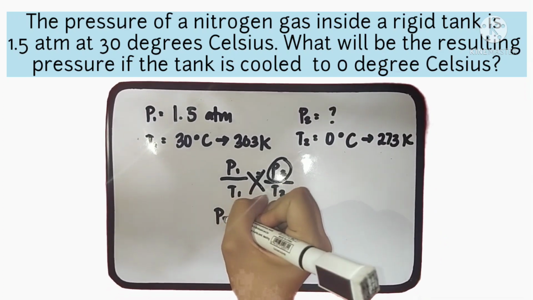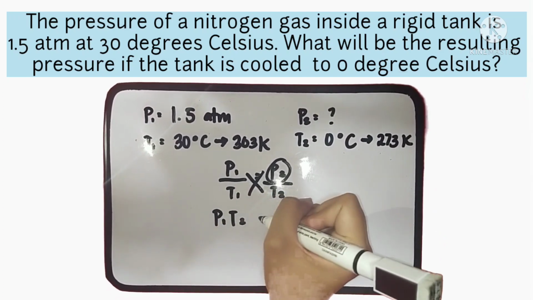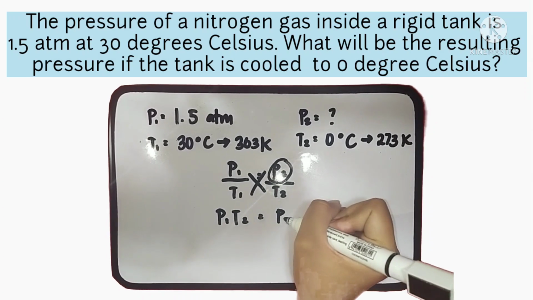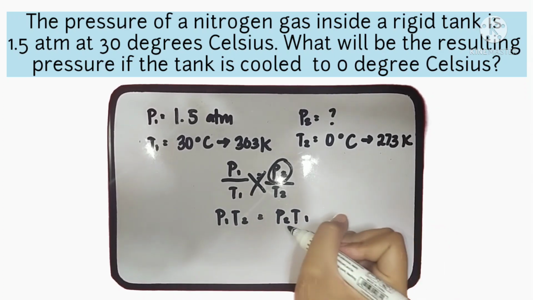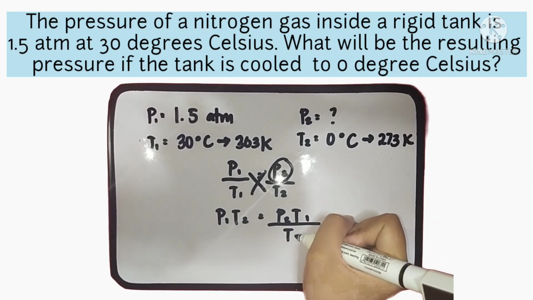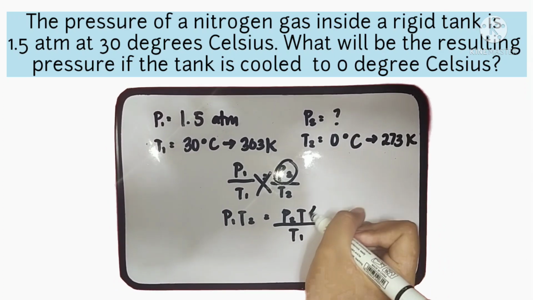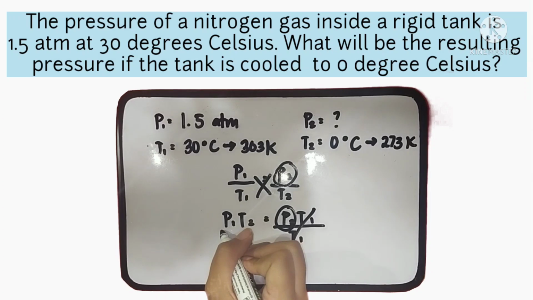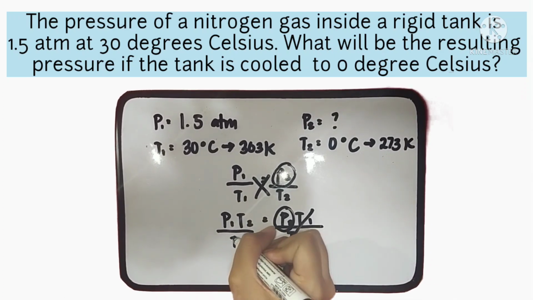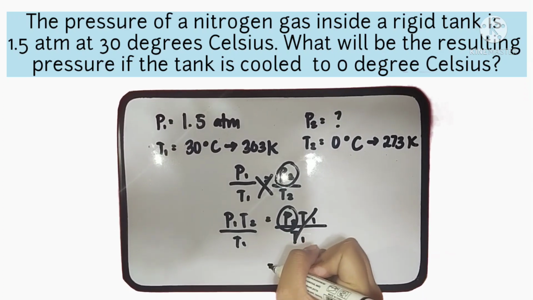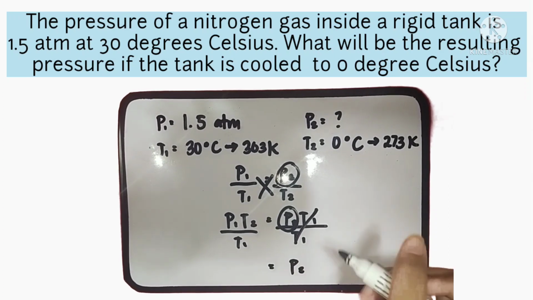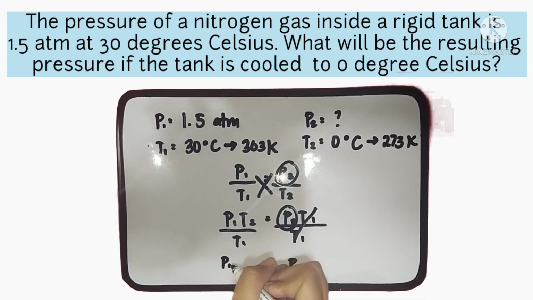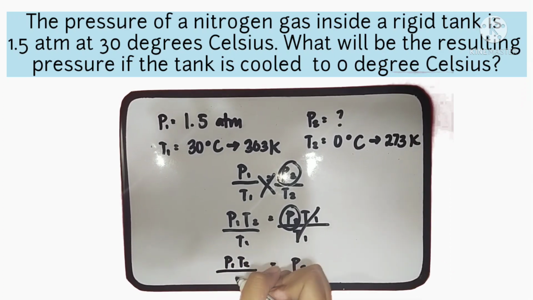So we'll have P1 times T2 is equal to P2 times T1. Then divide both sides by T1, so the T1 will be cancelled and P2 will remain on one side. So our final formula will be P2 is equal to P1 times T2 over T1.